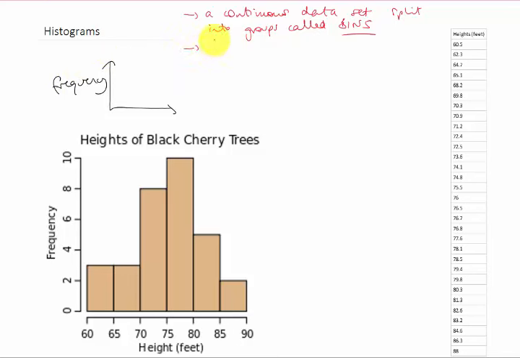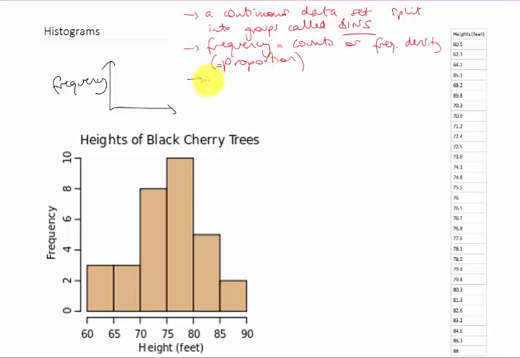But let's write that here. So that's frequency, so that's count, or something called frequency density, which is a proportion. So that could be the percentage of trees with a certain sort of heights.